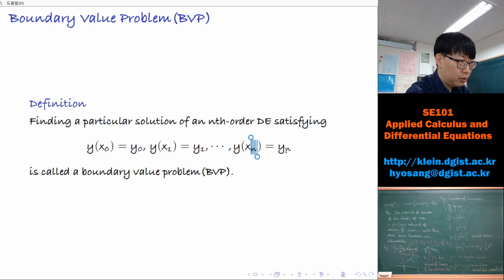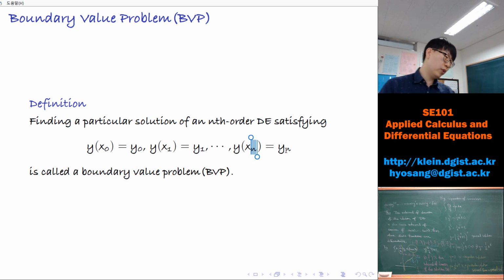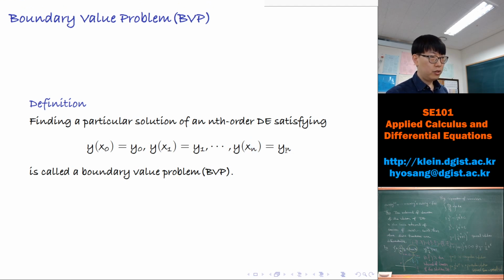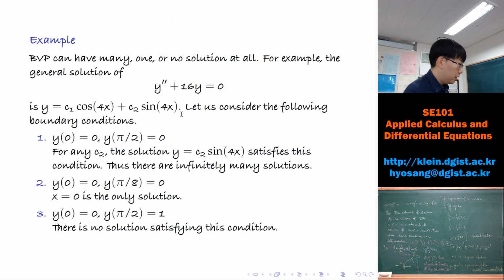We have x0 to x1 and up to xn minus 1. So at the different points, I want my solution to pass through the values of y as y0 to yn minus 1. So finding a solution satisfying this equation is called the boundary value problem.